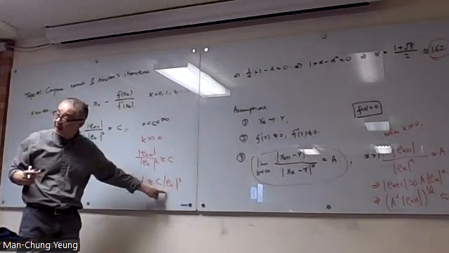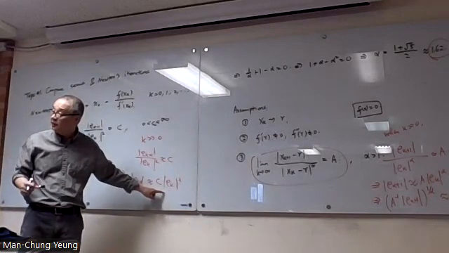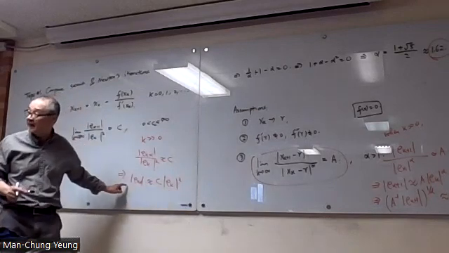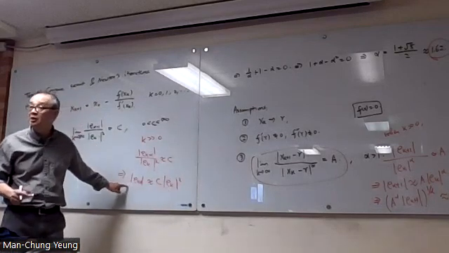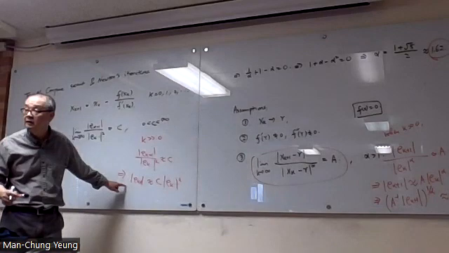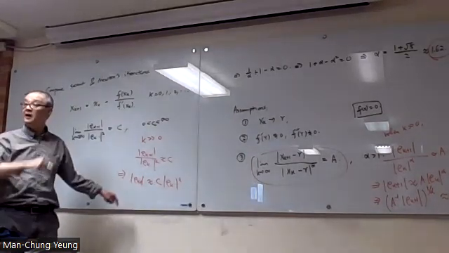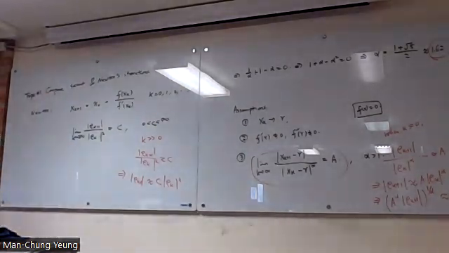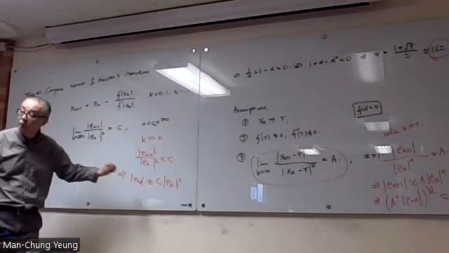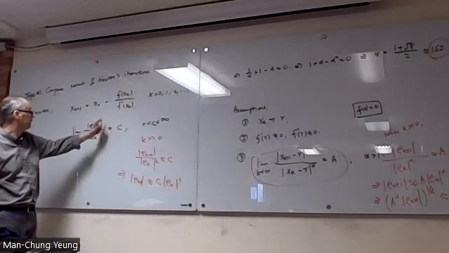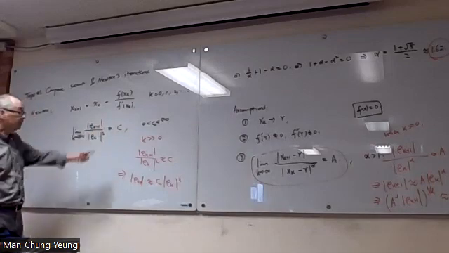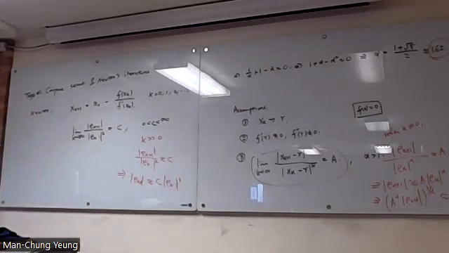If the previous step is, say, 10 to the negative 2, then this is 10 to the negative 4. 10 to the negative 3, then 10 to the negative 6. Very fast. So this is the order 2 method. All right, now secant.